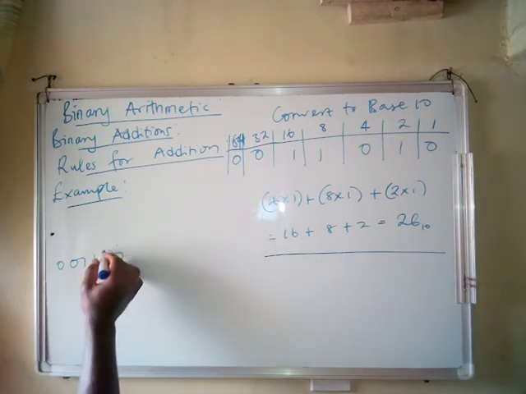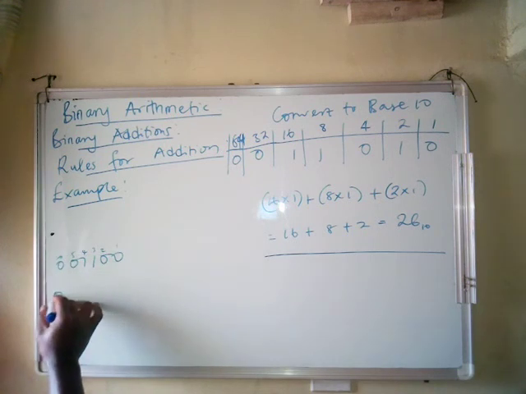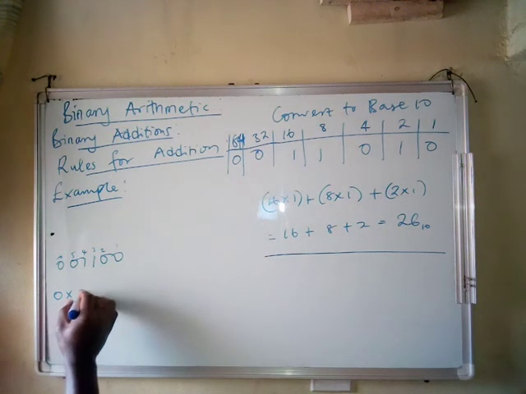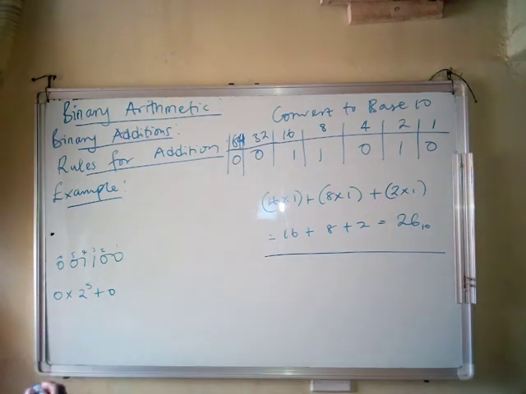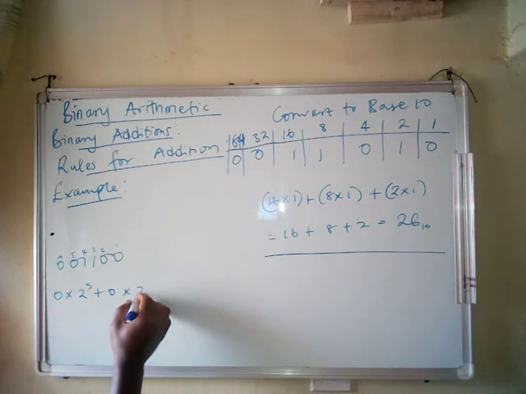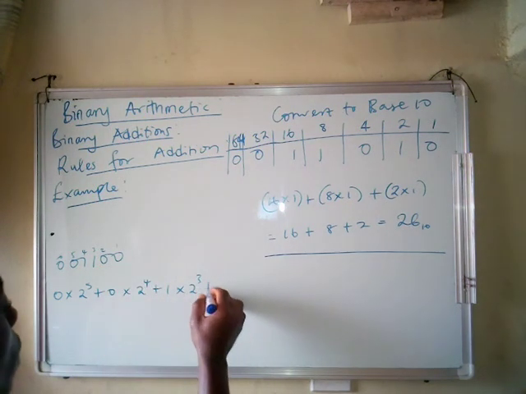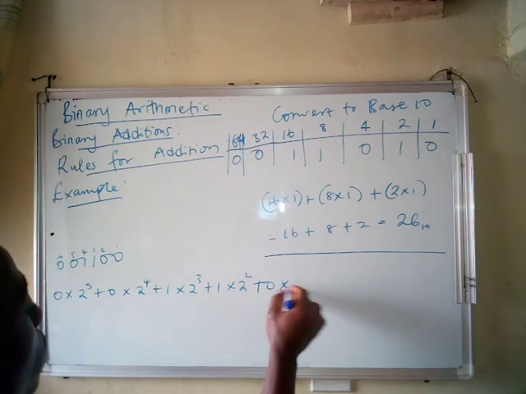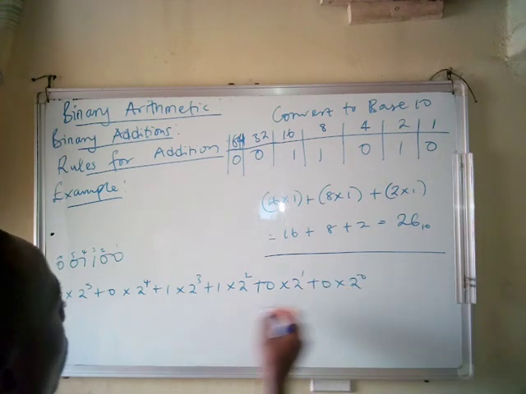So you have 1, 2, 3, 4, 5, 6. So 0 times 2 raised to power 5 plus 0 times 2 raised to power 4 plus 1 times 2 raised to power 3 plus 1 times 2 raised to power 2 plus 0 times 2 raised to power 1 plus 0 times 2 raised to power 0.